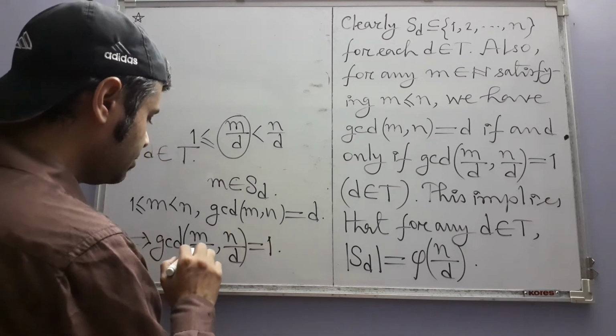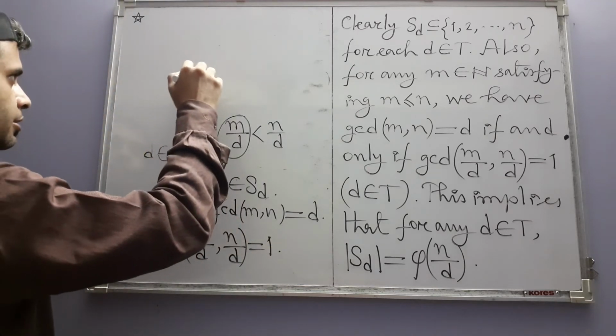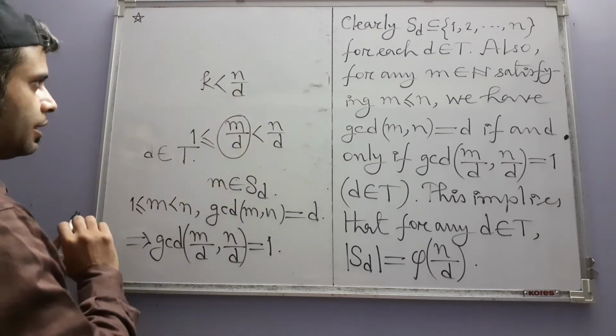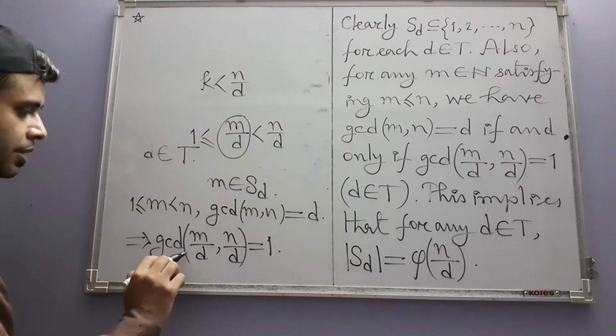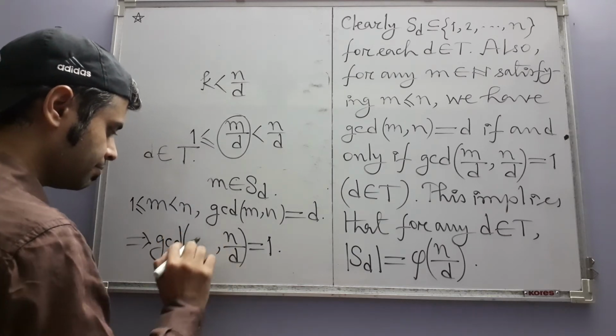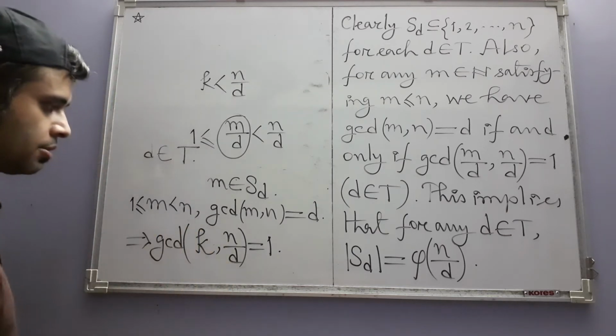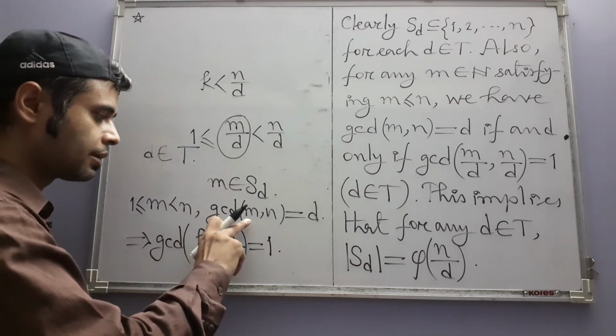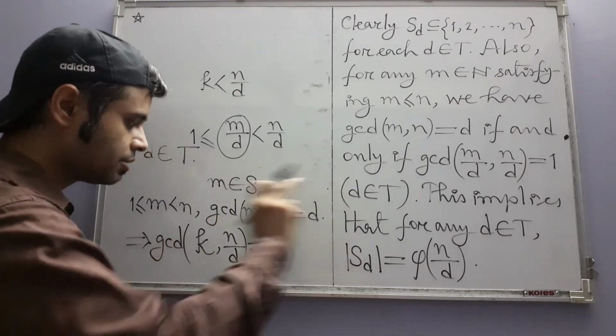Conversely, if you consider an integer, say K, which is less than N by D and relatively prime to N by D, then there would be a corresponding M for which this is true.